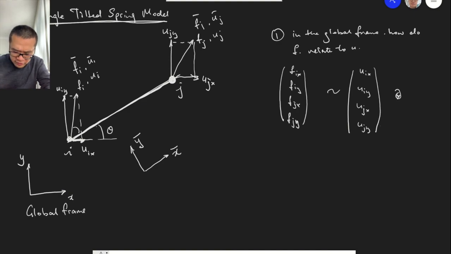So if I project this onto this internal frame, I will have this component UIx bar and UIy bar.